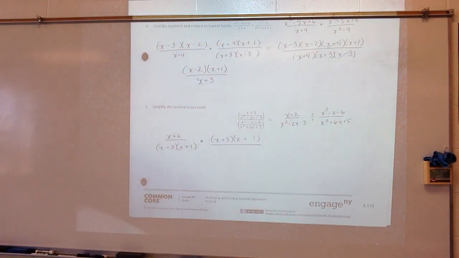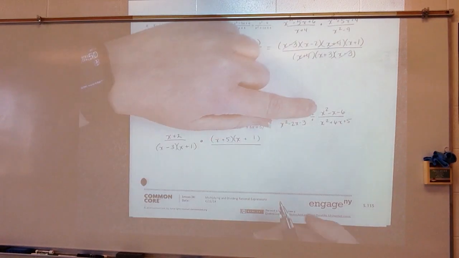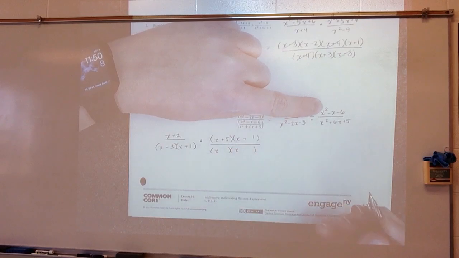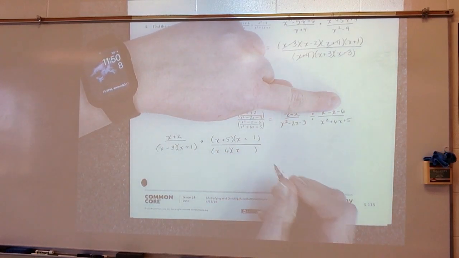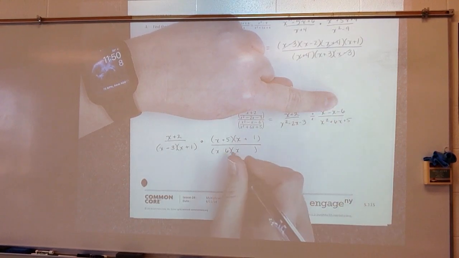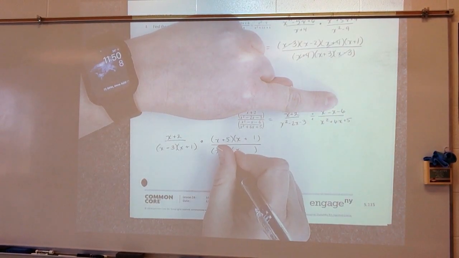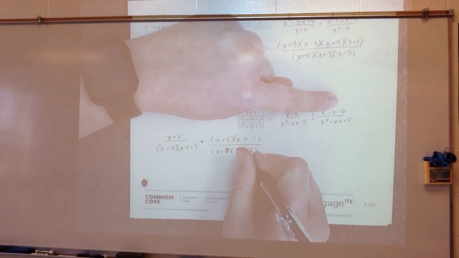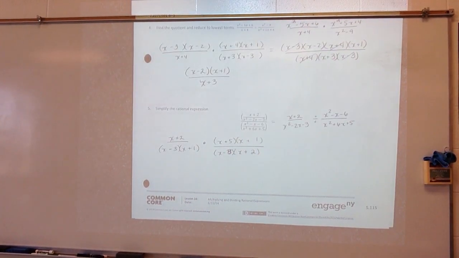Now I'm going to do the bottom, which is x and x. And then 6 and 1. Nope, that won't work. Because I need to subtract my factors of 6 to get 1, I'm going to use 3 and 2. And I want a negative 1, so the 3 is going to be negative.